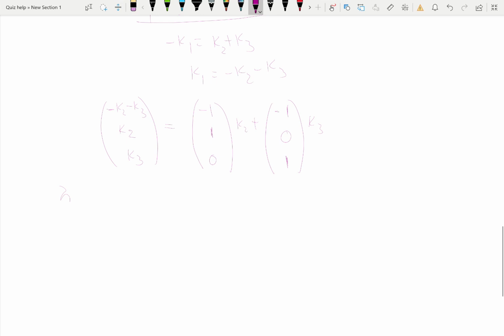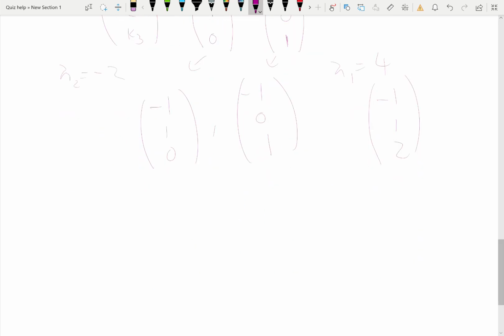So for eigenvalue negative 2, my eigenvectors are negative 1, 1, 0, comma, negative 1, 0, 1. These two. Previously we found the eigenvector for lambda 1 equal to 4 was negative 1, 1, 2.